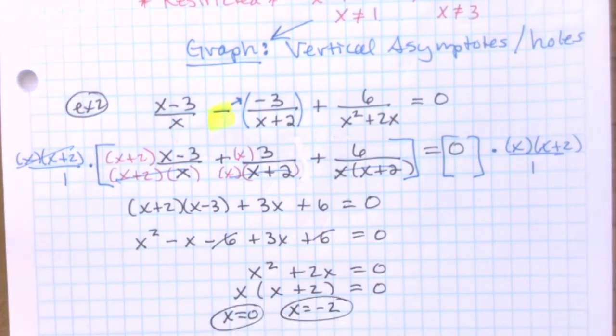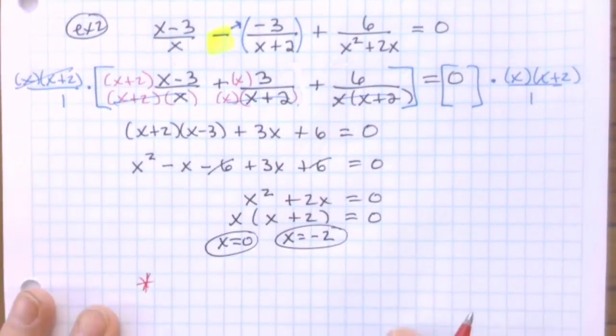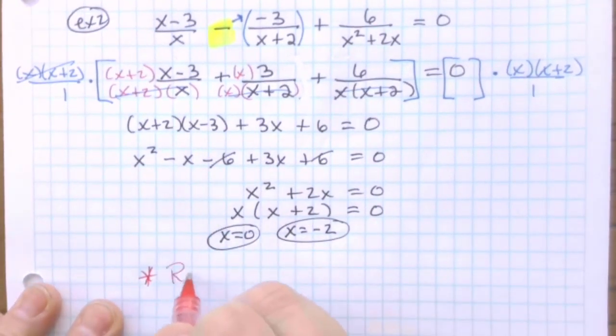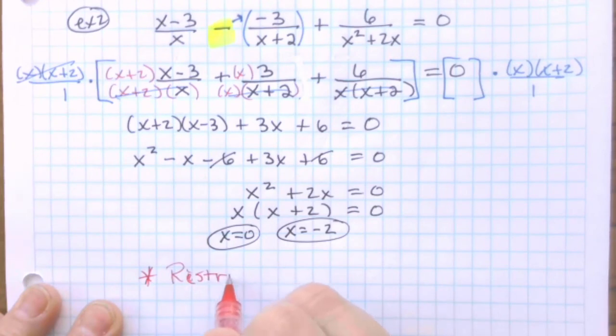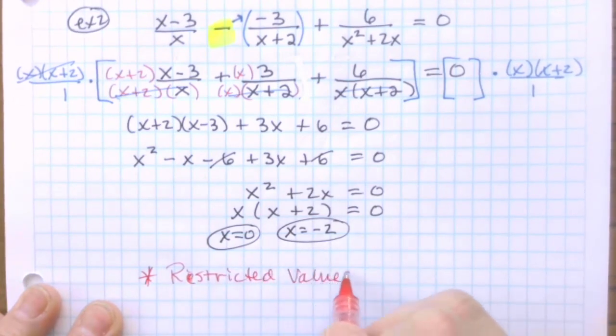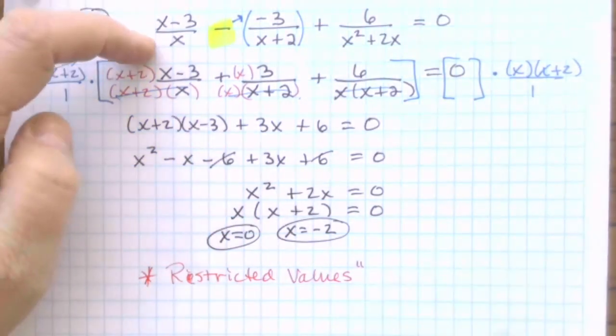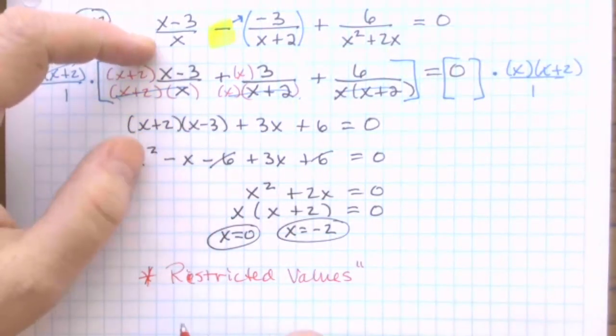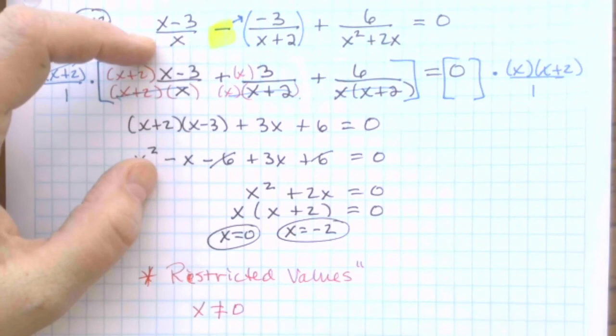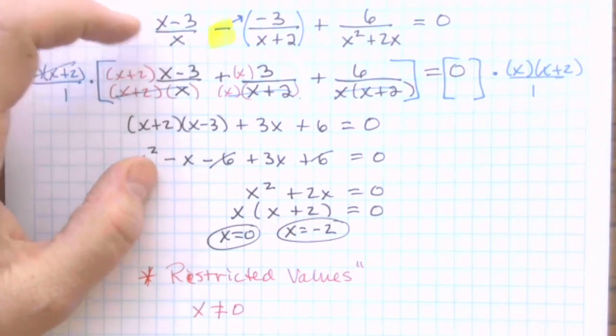Now let's go back to the original and let's check for those restricted values. So this x, when you set it equal to 0, this x cannot be 0 or you're dividing by 0.